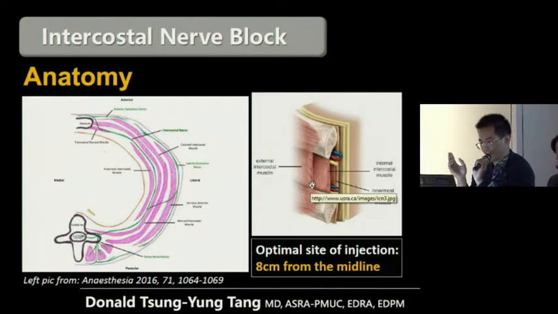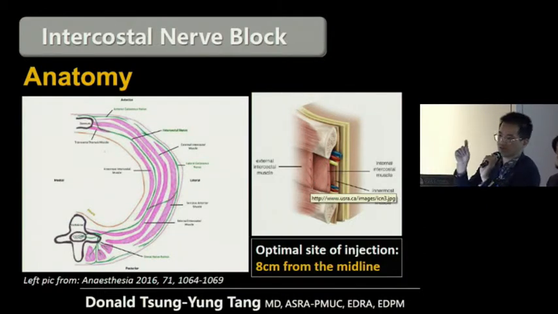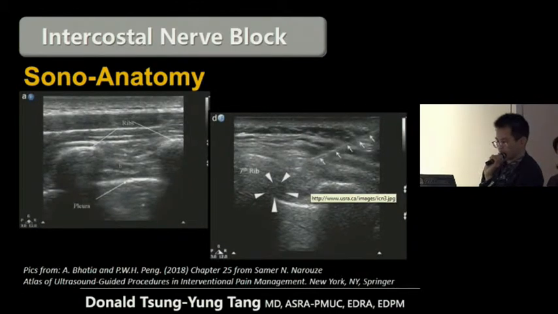Another reason is that in this place, the space between ribs is wider than in other places, so it's easier for you to advance the needle. This is our ultrasound. This is a rib, and there are the intercostal muscles.